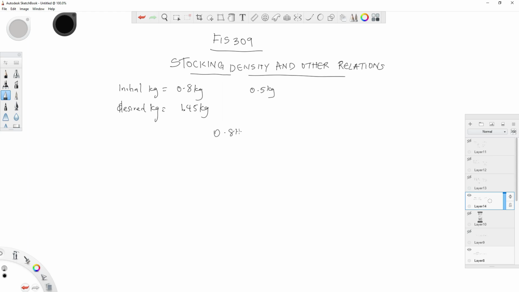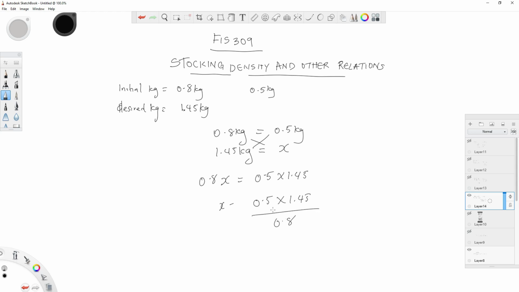At 0.8 kg it consumes 0.5. Now what would it consume at 1.45 kg? What would you feed it to make it have this? Then x, cross multiply. 0.8 times x equals 0.5 times 1.45. Then x is 0.5 times 1.45 divided by 0.8.